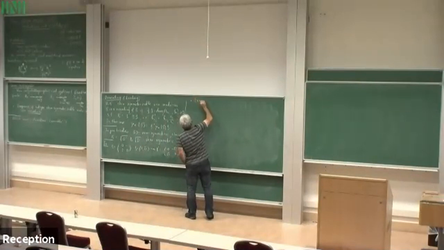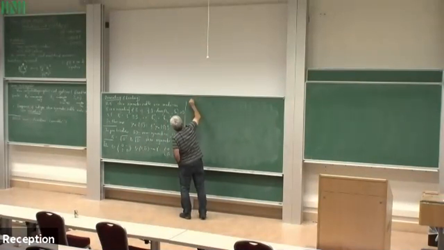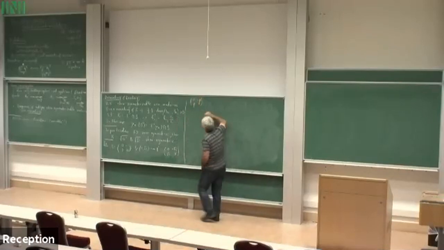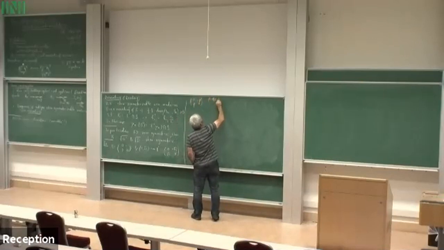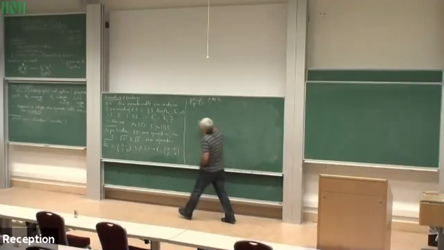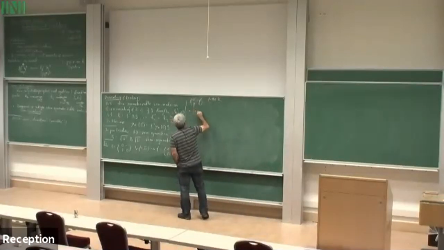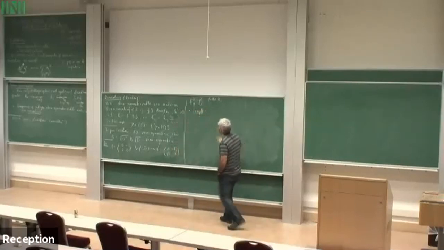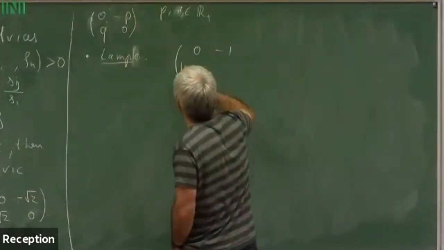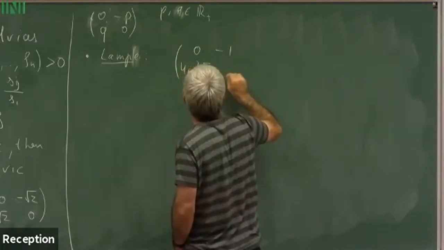So let me consider the following a bit more general case. The matrix 0, minus p, q, 0, where p and q are real numbers. Considered the matrices of type 0, minus 1, 4 cosine squared pi over m, 0.